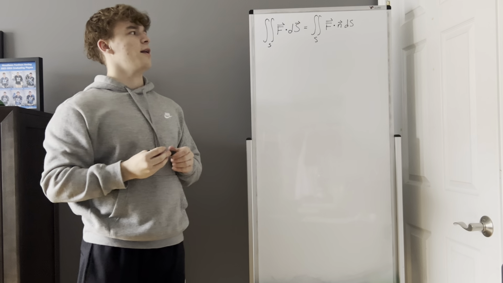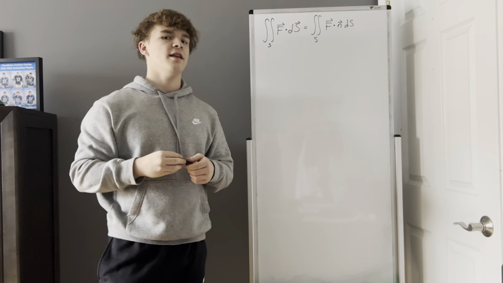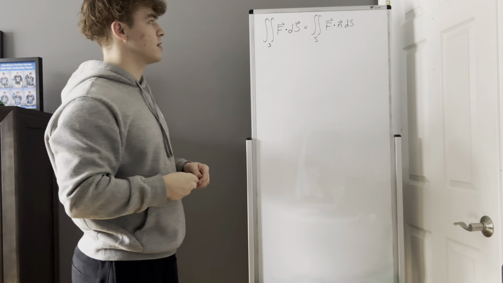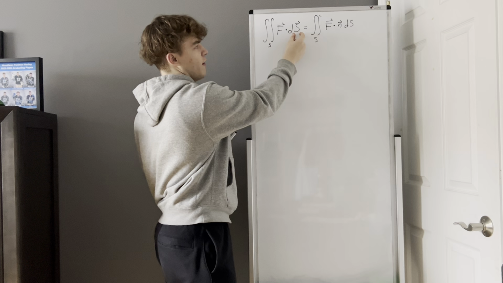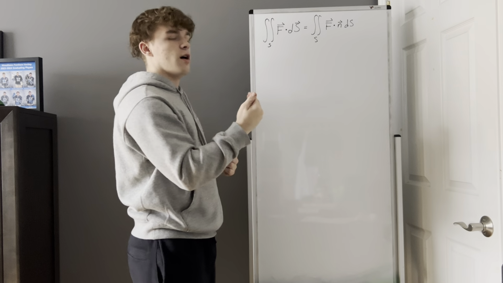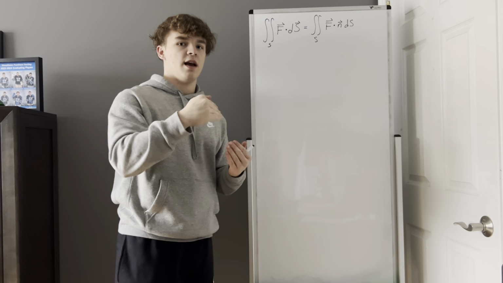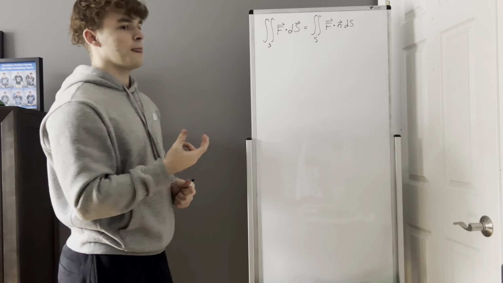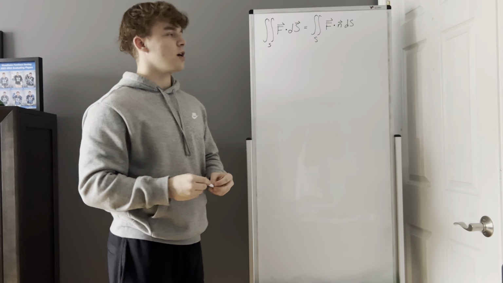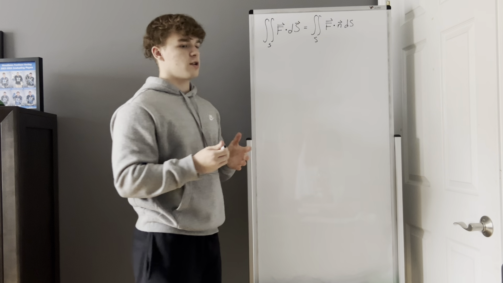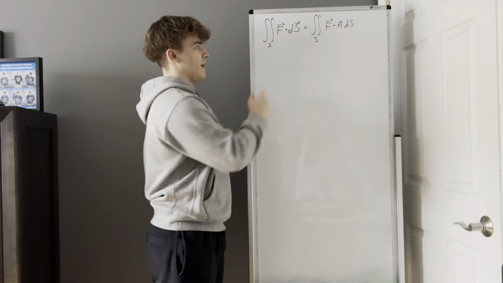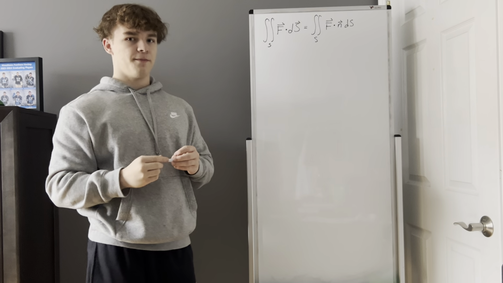But what's n? n is the normal vector to the surface S. And that's why we have our vector dS, because we need to know the angle at which our vector field is entering our surface S. If you remember dot products from linear algebra, it can tell you how much of a vector is similar to another vector, and that's exactly why we're using a dot product here.